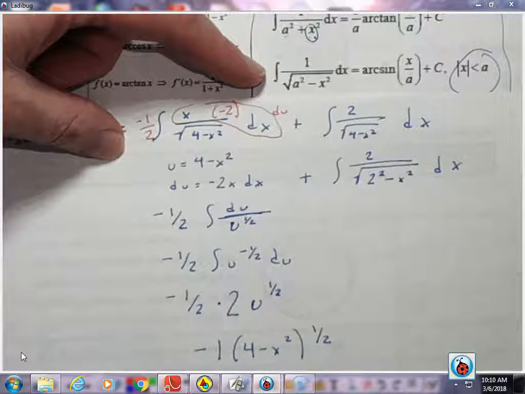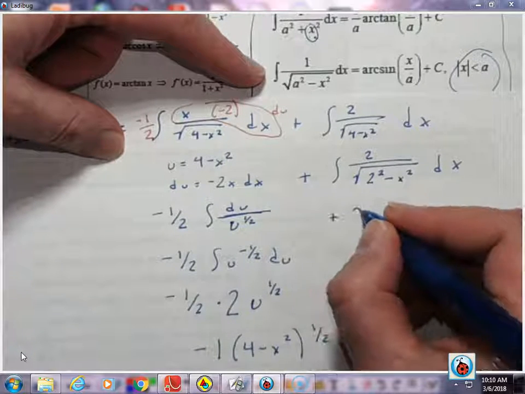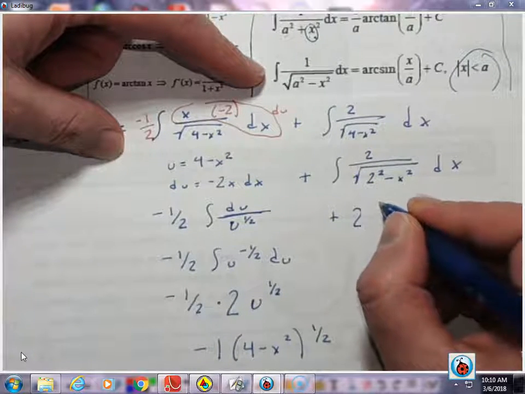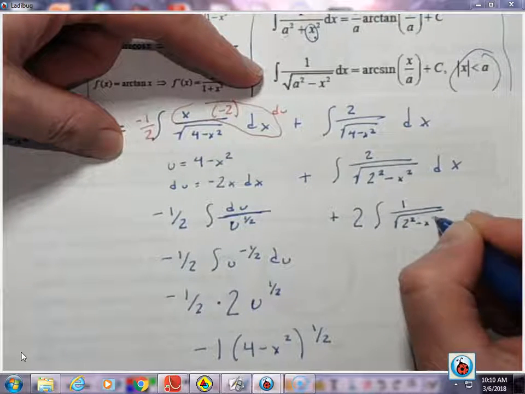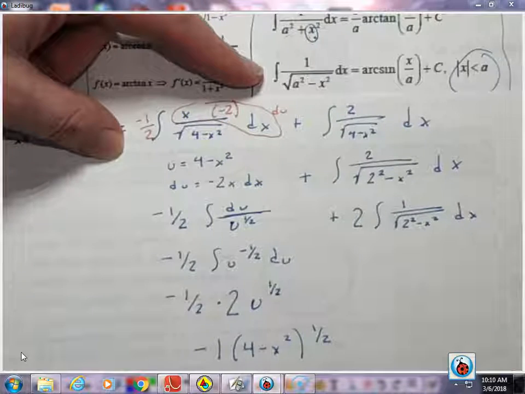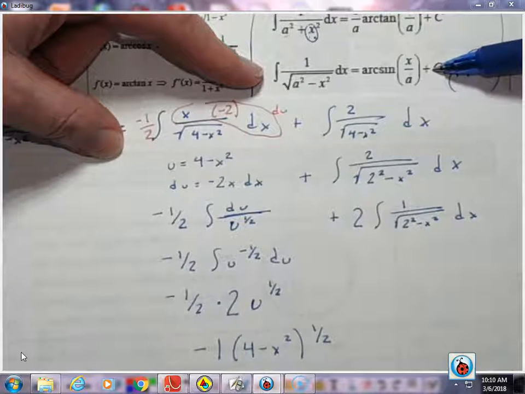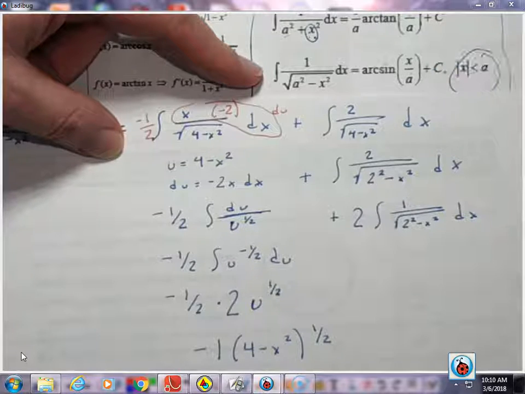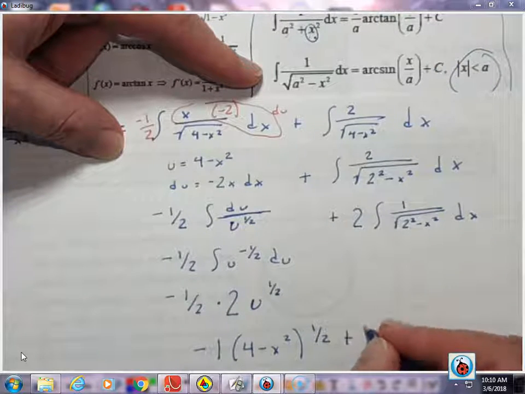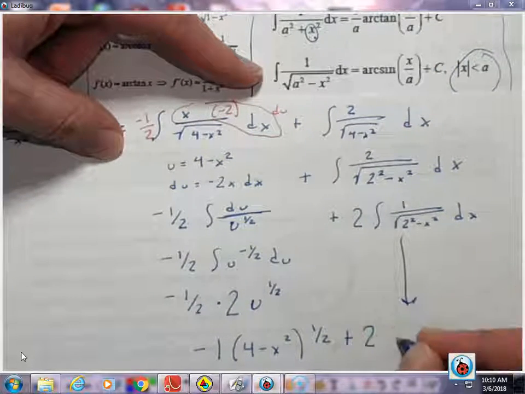Let's do it. Yeah, we got that power. Okay, so I really don't have to rewrite. Since it's exactly in the right form, I can just do arc sine of x over 2 plus c.